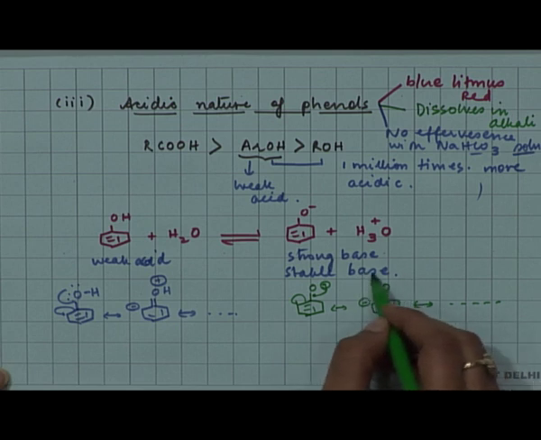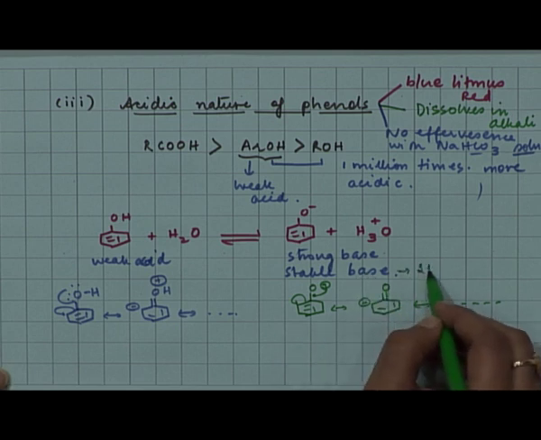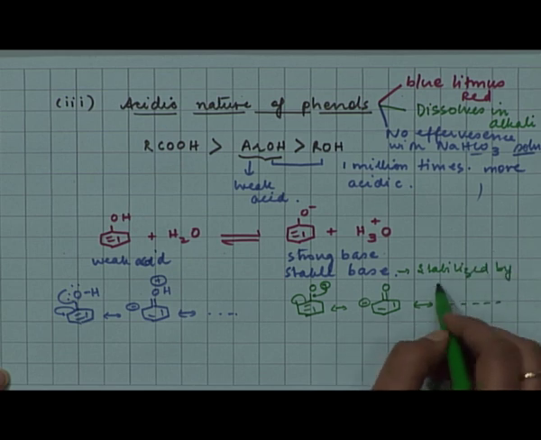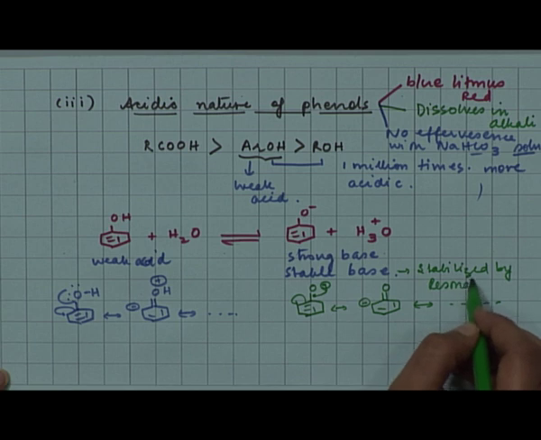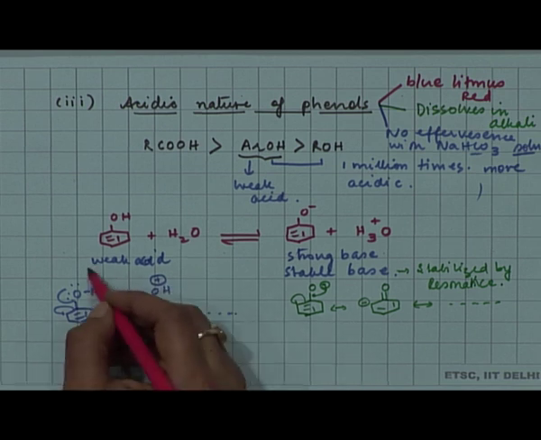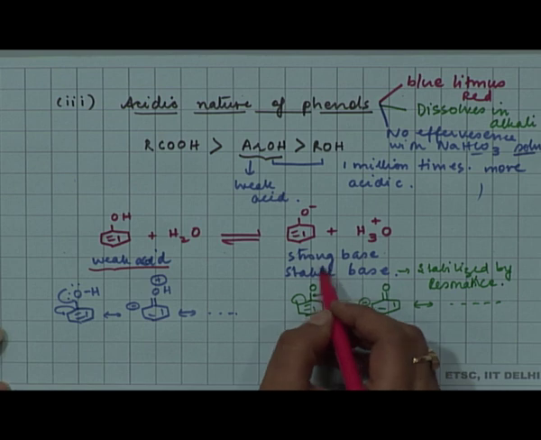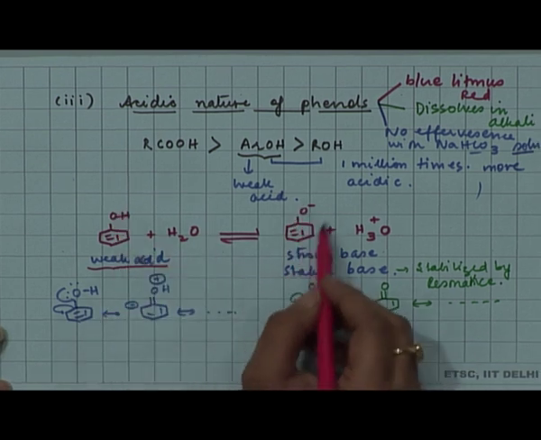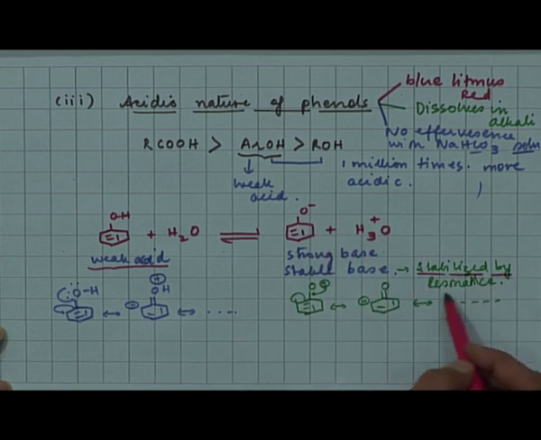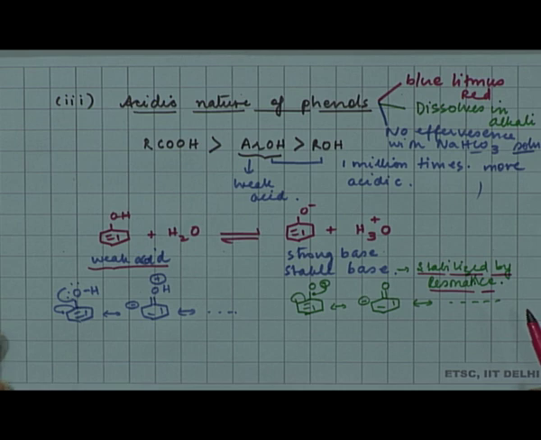It is stabilized by all these resonating structures, and that is why it has this ability to lose the proton, because the corresponding phenoxide anion which is produced is resonance stabilized.